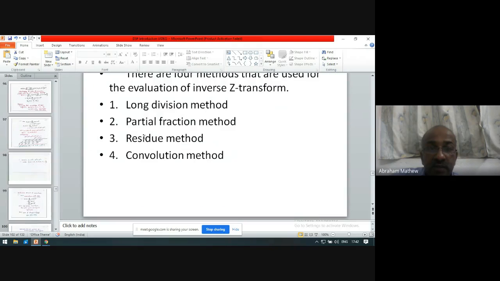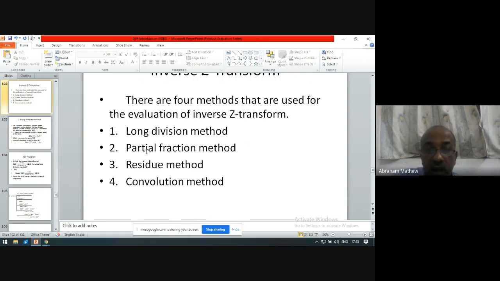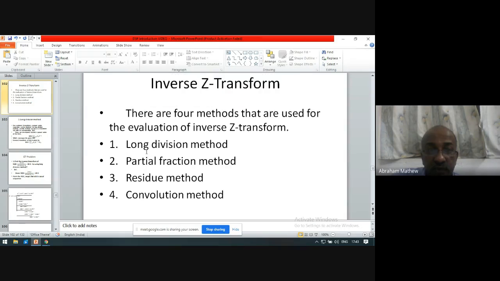These methods are known as long division method, partial fraction method, residue method, convolution method. So if you want to apply inverse Z transform, we can go for different methods to obtain the inverse Z transform.